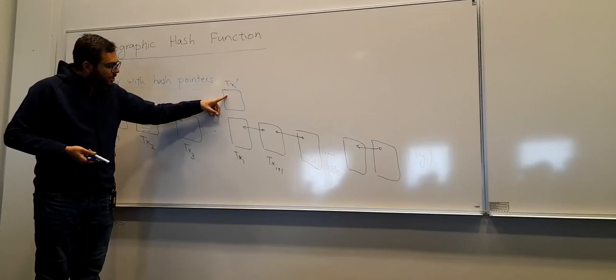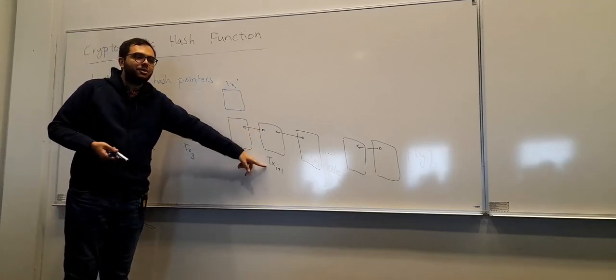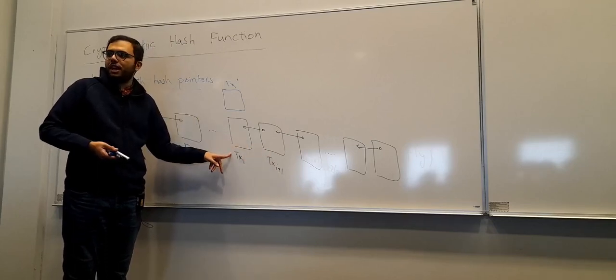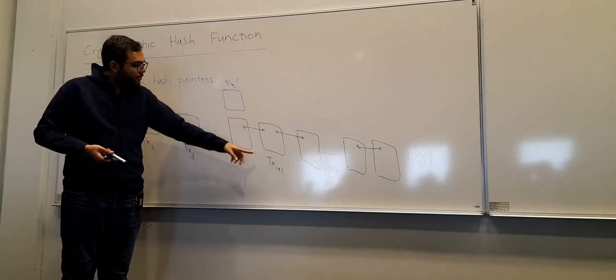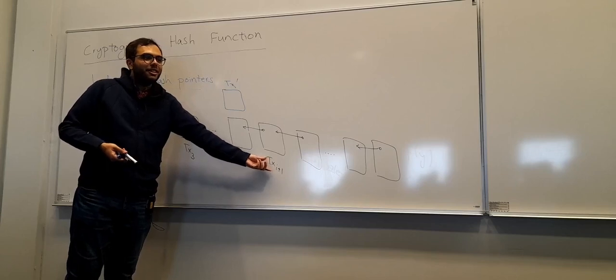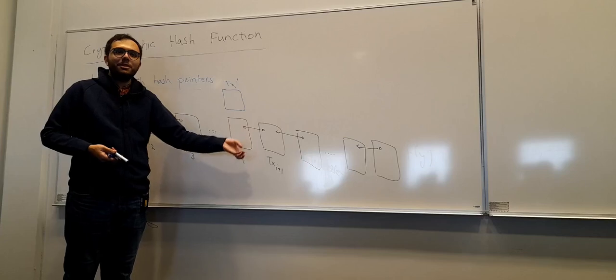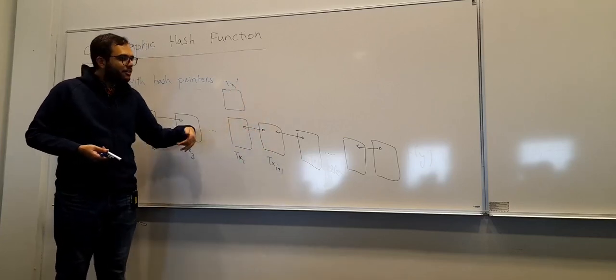But if the hash changes, then the pointer in transaction I plus 1 has to change. Because transaction I plus 1 had to point to transaction I, and the pointer was just a hash, right? But if the pointer changes, this means the whole transaction I plus 1 has changed now. But that means the hash of transaction I plus 1 has changed, which means that the pointer in transaction I plus 2 has to change, and so on. So everything has to change.